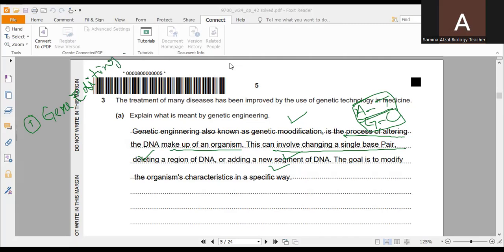By gene editing, we can make precise changes to an organism's genome. The second technique is gene cloning. Cloning means copying, so copying genes to be inserted into another organism. And number 3, recombinant DNA technology.